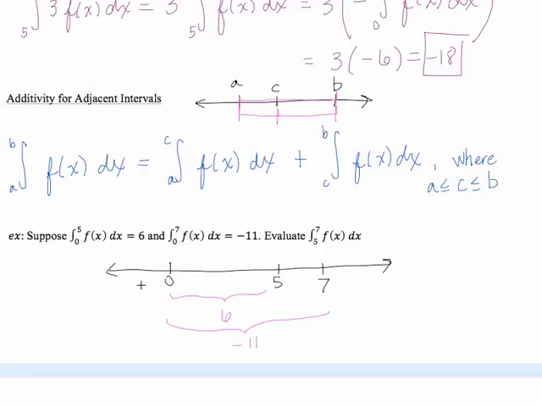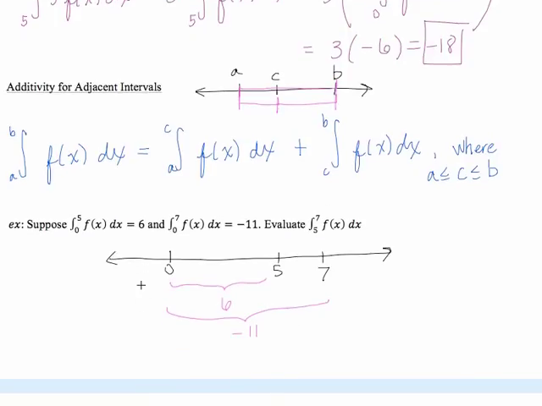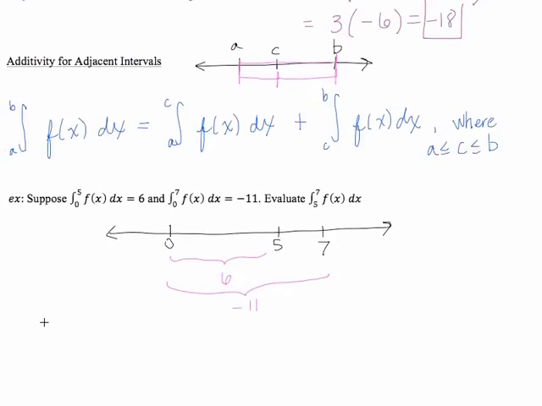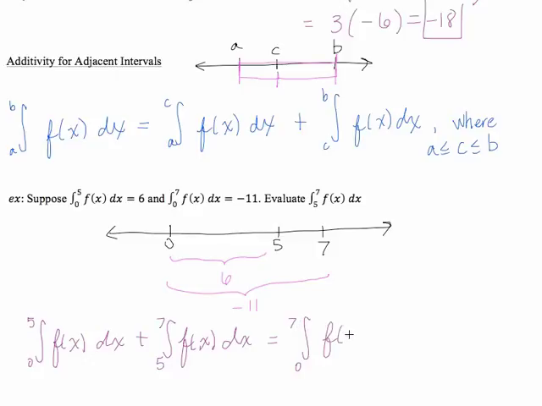Okay, so let's write that out. So we know that the integral from 0 to 5 of f of x dx plus the integral from 5 to 7 of f of x dx equals the integral from all the way from 0 to 7 of f of x dx. And we know the integral from 0 to 5 is 6.